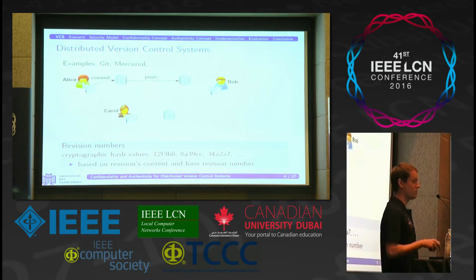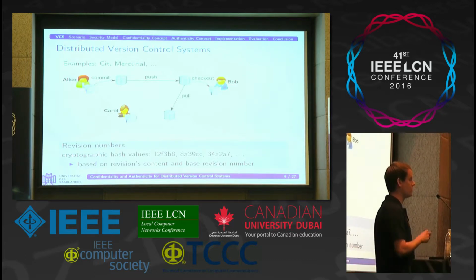So we have the push operation, which allows Alice, for example, to push her changes to Bob's repository. Then Bob can perform a local checkout, and Carol can even pull Alice's changes from Bob's repository, perform some changes, and push them back directly to Alice.